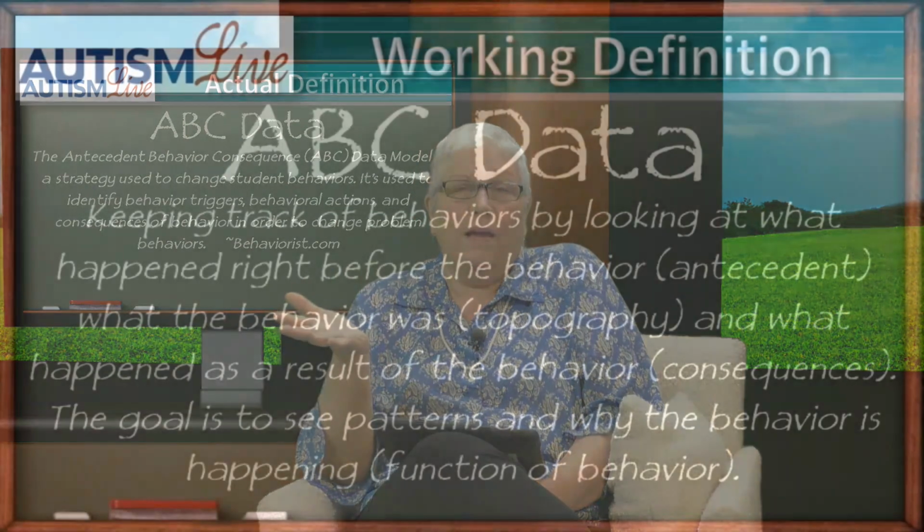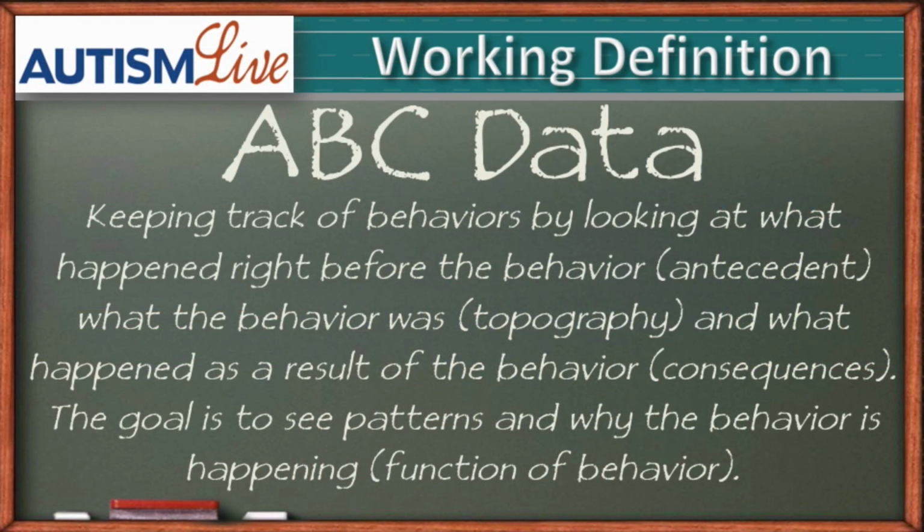But let's take a look at the watered down version where I added jargon in. And I did it for a very specific reason, because we talk about the three-term contingency all the time. ABC data is keeping track of behaviors by looking at what happened right before the behavior. That's the antecedent. What the behavior was, which the experts will call the topography of the behavior, and what happened as a result of the behavior, which is the consequence.